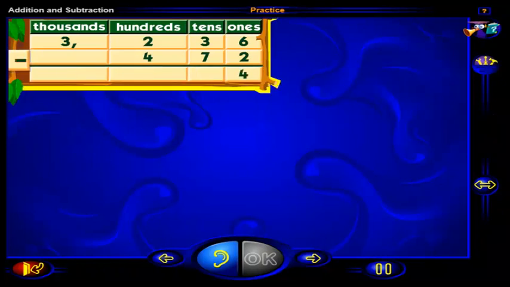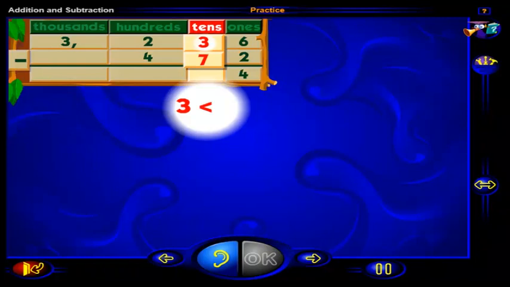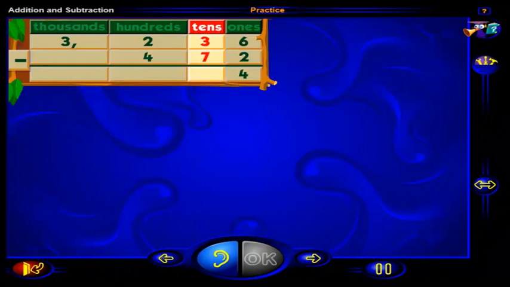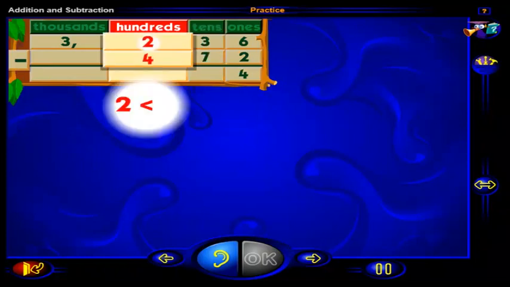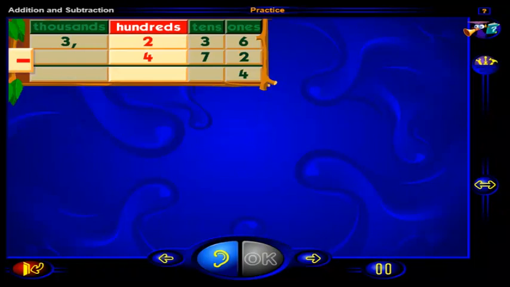To complete this subtraction, you can start by looking at the tens place. 3 is less than 7. So we need to regroup from the hundreds place. In the hundreds place, 2 is less than 4. So to subtract, we need to regroup from the thousands place.